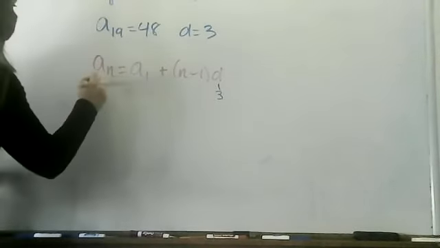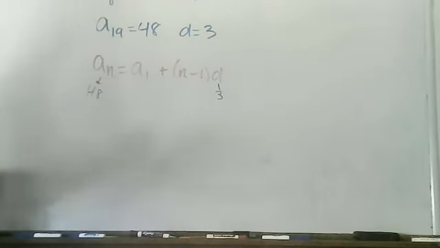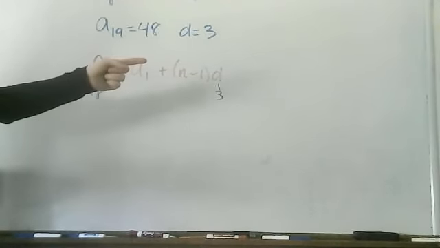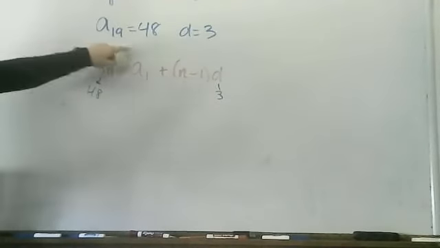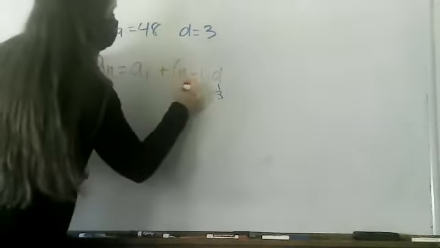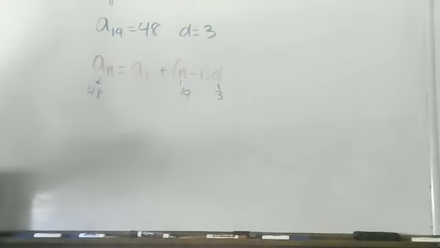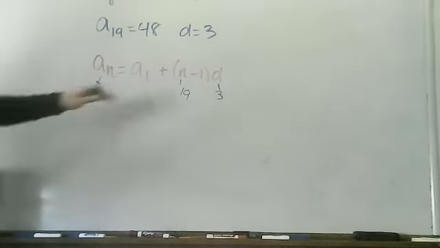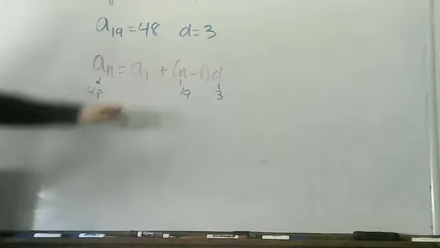Good, so you can replace this with 48, right? And then, okay, what's my n value in here? 19, my 19th term. Oh, so now the only variable left is A sub 1, good.